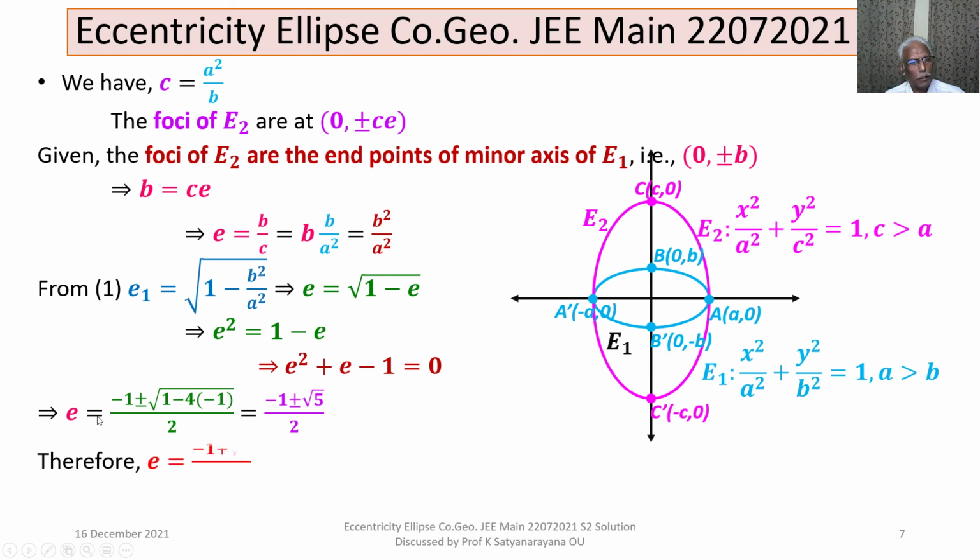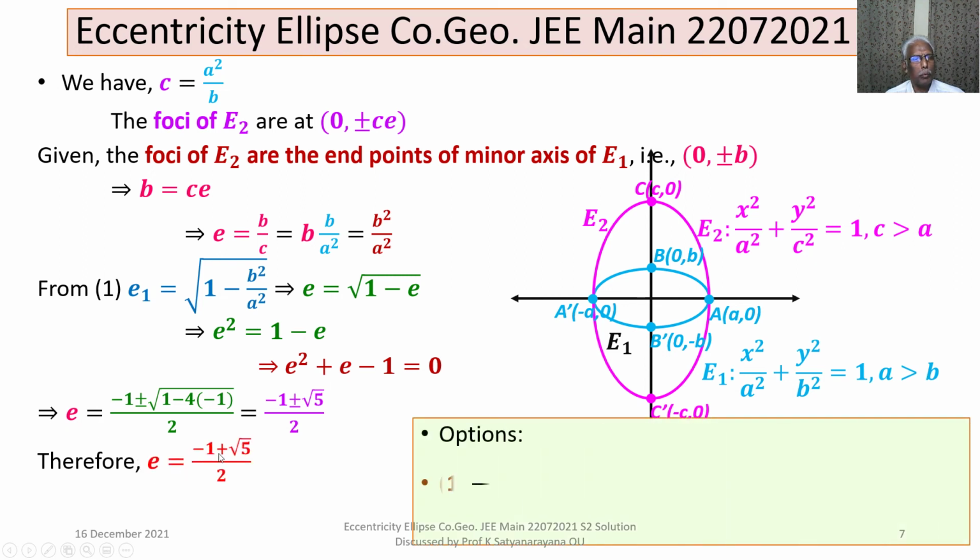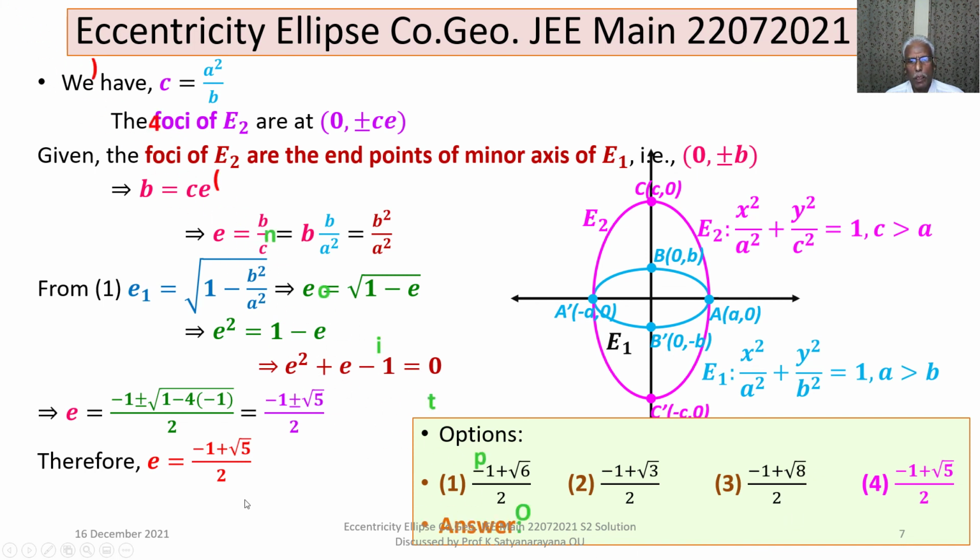Thus we get E is equal to minus 1 plus root 5 by 2, which is positive, and we take it, and the other value, minus 1 minus root 5 by 2, we reject because it is negative. Eccentricity cannot be negative. The options we have are here, and our answer E is equal to minus 1 plus root 5 by 2 appears against option 4. So therefore our final answer is option 4.